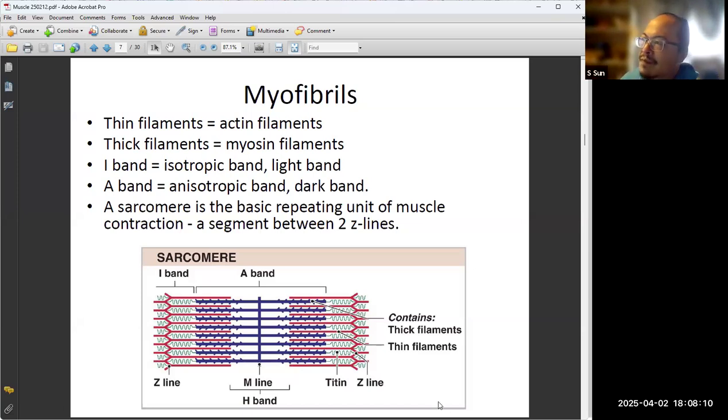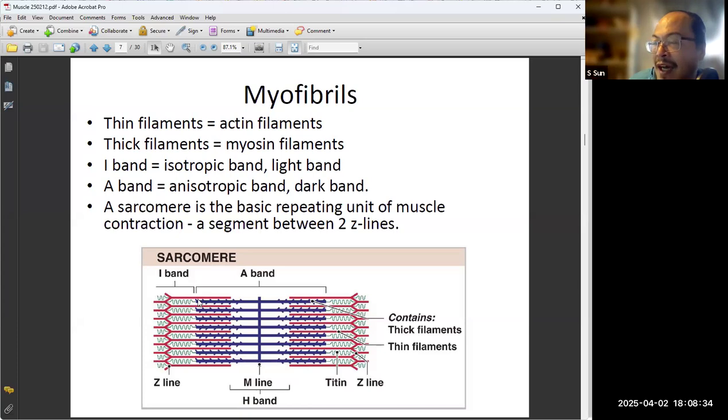We also can see that with this arrangement, the sarcomere can have different bands. Here we have the A band. The A band is the one that contains the thick filament.